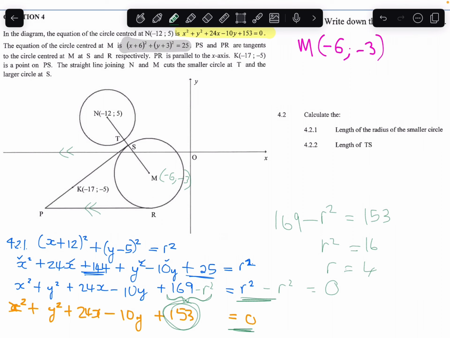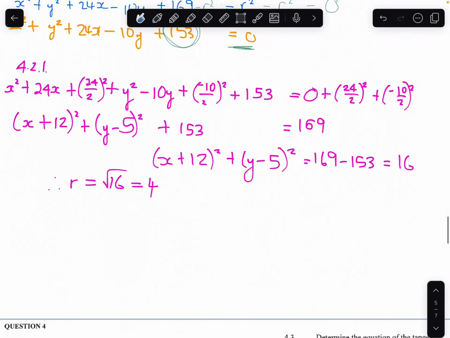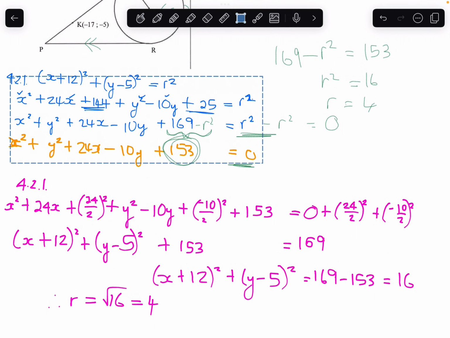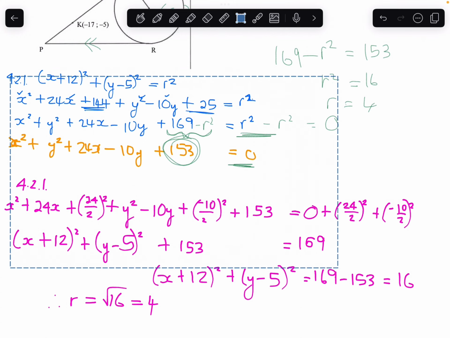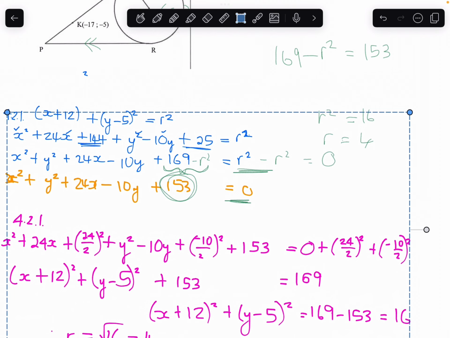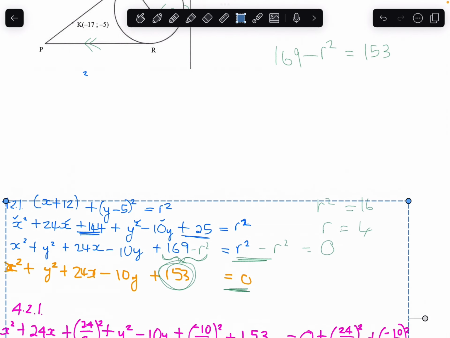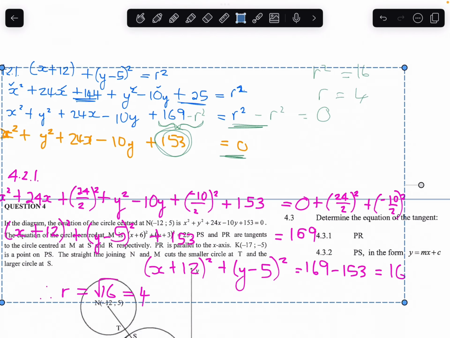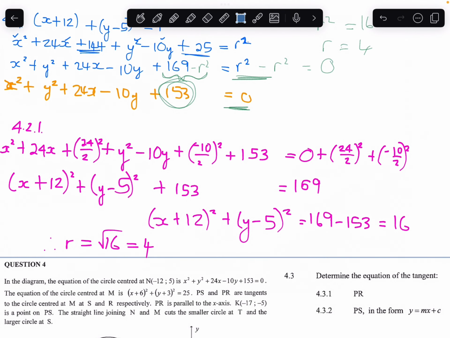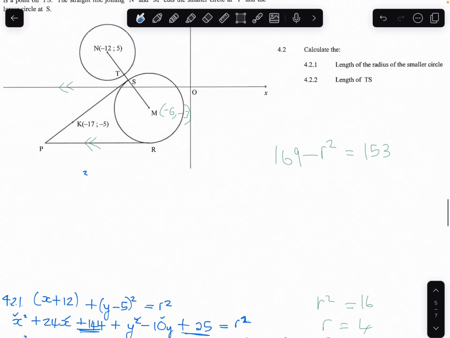Okay, and then 4.2.2, I'm just going to move these guys down actually in preparation for that. And this is me seriously hoping that I have not touched the diagram. I feel like I'm becoming pro at this now.